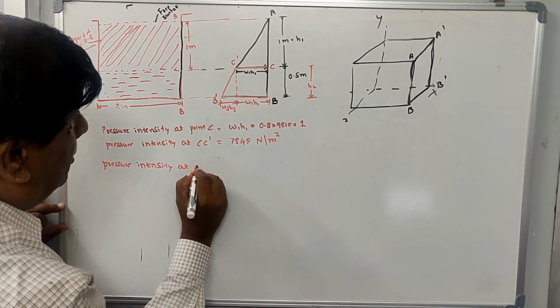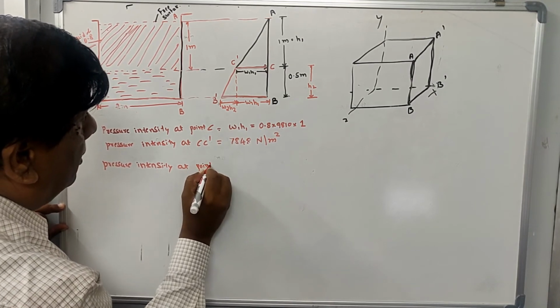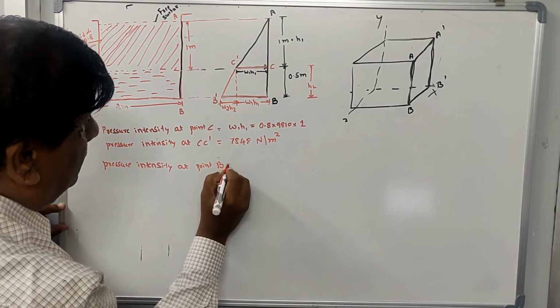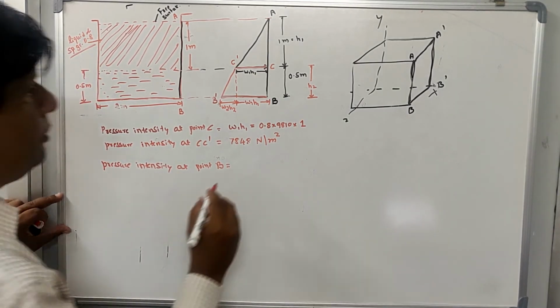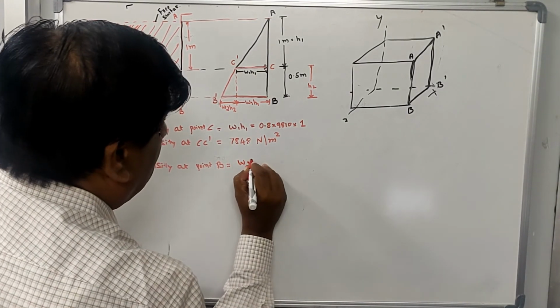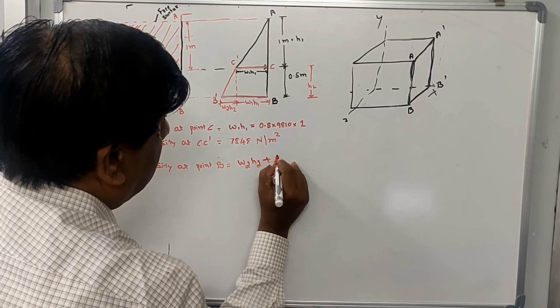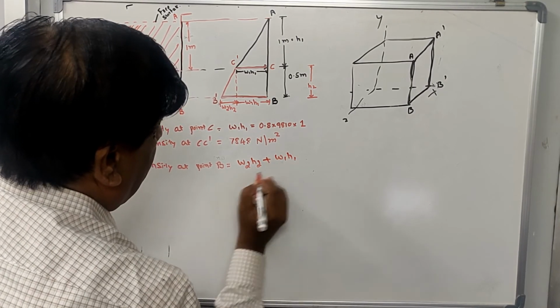Pressure intensity at point B is equal to W2 H2 plus W1 H1. What is W2?